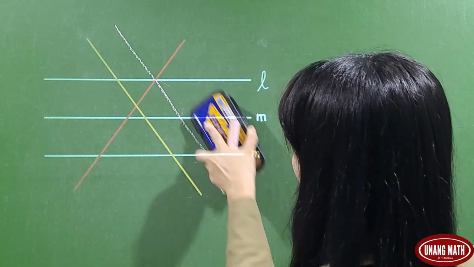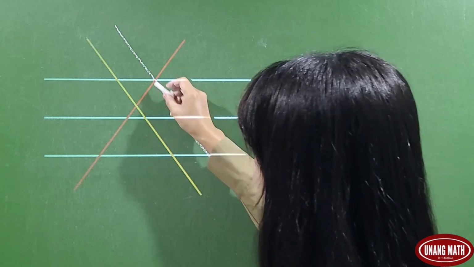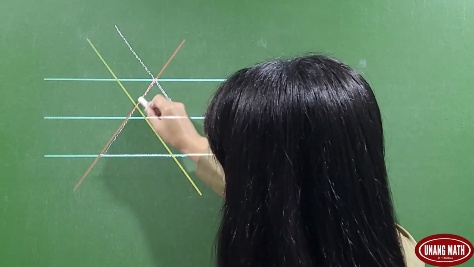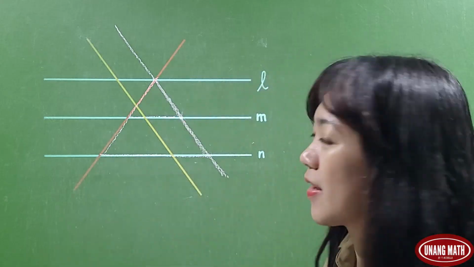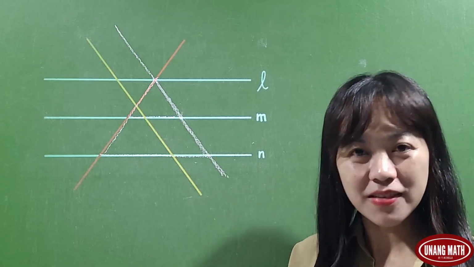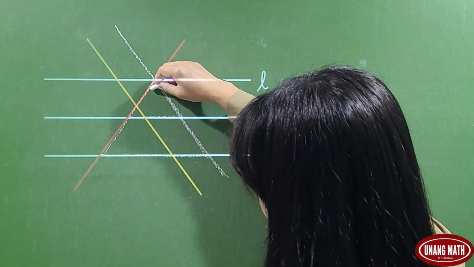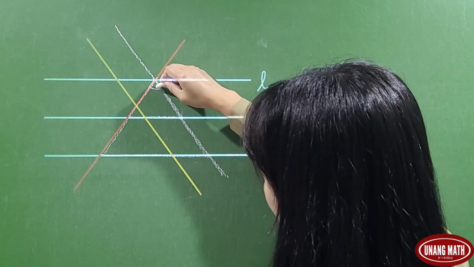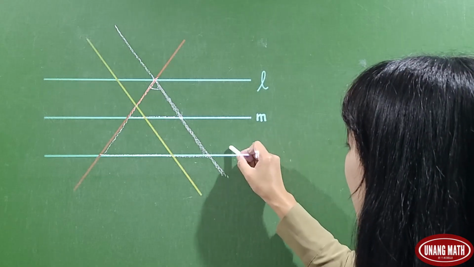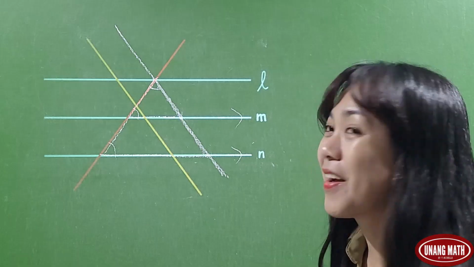Now, when we draw this straight line, we created this triangle and this smaller triangle. So two triangles. And these two triangles are similar figures. Why similar figures? Again, this is a common angle. Since line M and line N are parallel lines, then these are corresponding angles.